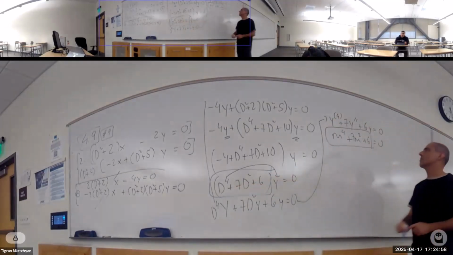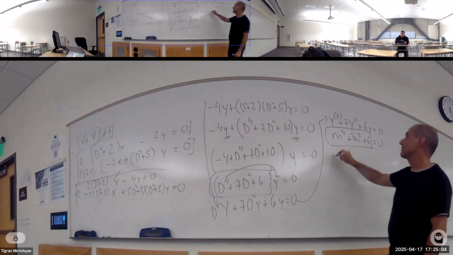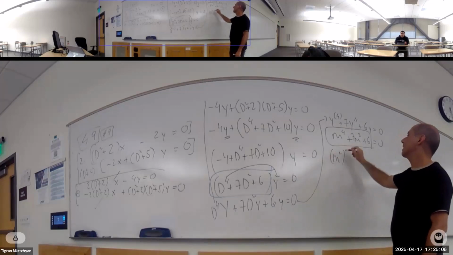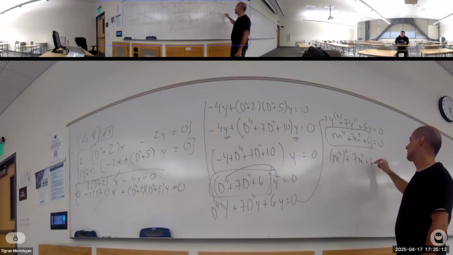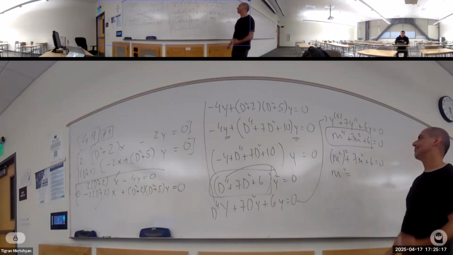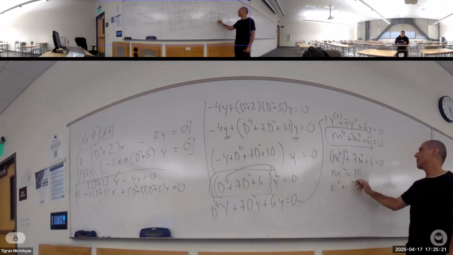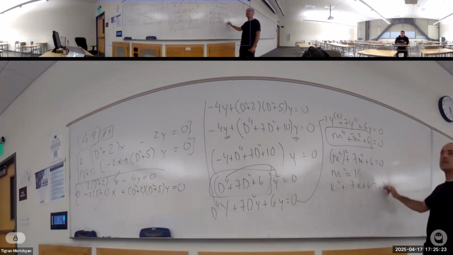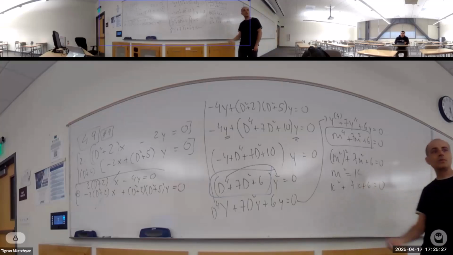But this is a quadratic, right? If you think like m squared is, I don't know, k, then that's just k squared plus 7k plus 6, right? So either factor or use a formula, but I think that's easily factorable.